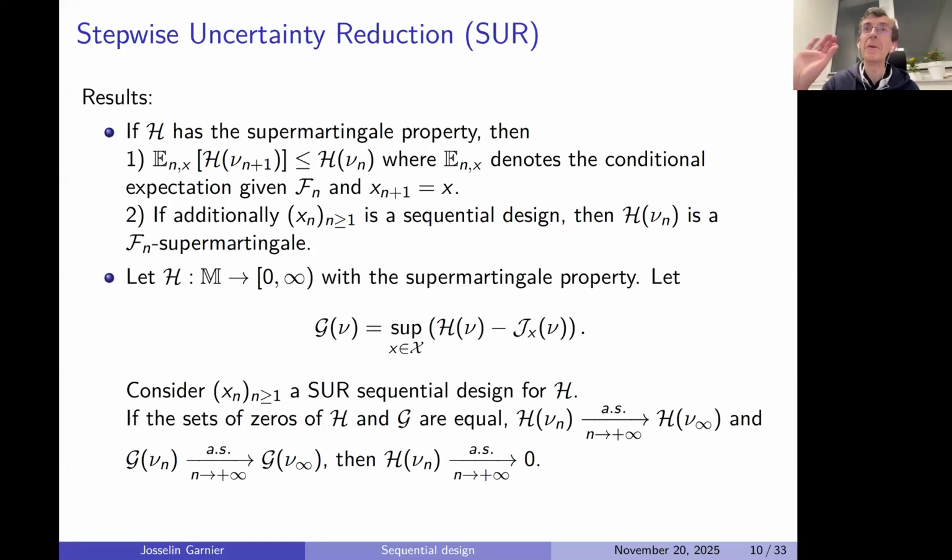So here you have a little bit of additional mathematics to prove it. You have to check a few technical conditions, but the main idea is really this one. We have found a positive supermartingale, so we have convergence of the metric of uncertainty of the sequence of Gaussian measures nu n, and at the end of the day, we show that it converges to 0.